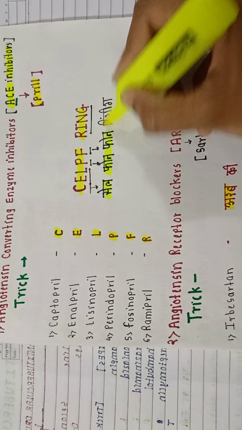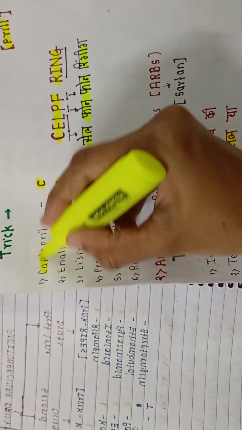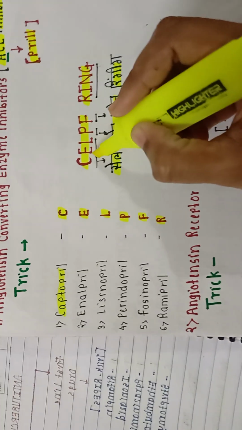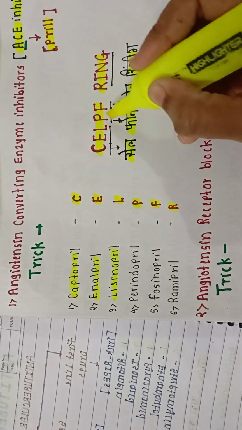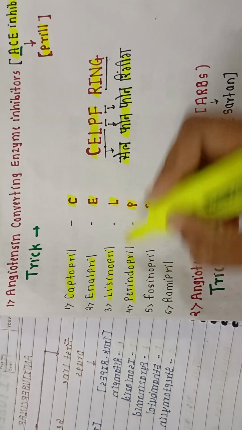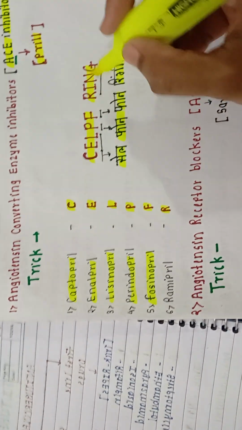How to remember? First, C for captopril, then E for enalapril, L for lisinopril, P for perindopril, F for fosinopril, and ringing for R for ramipril.